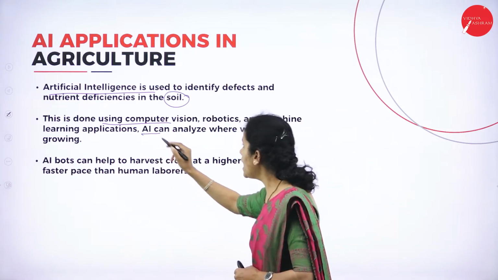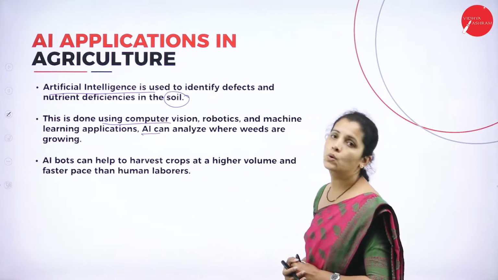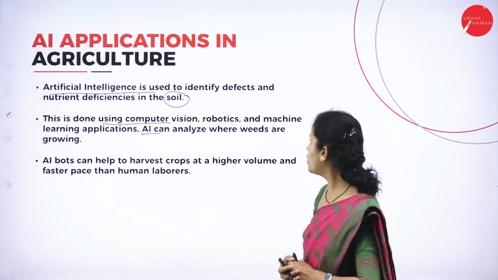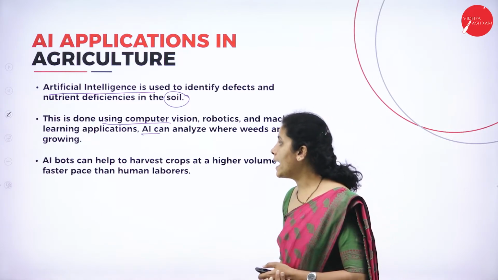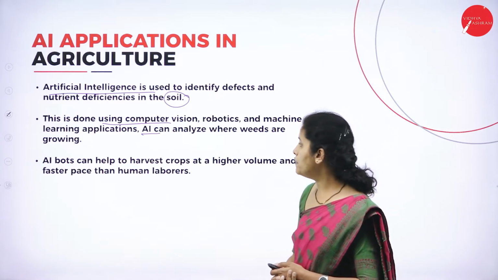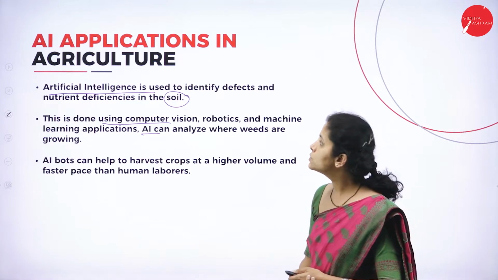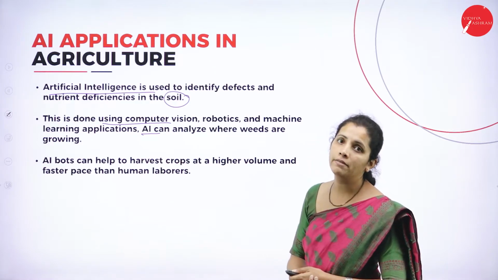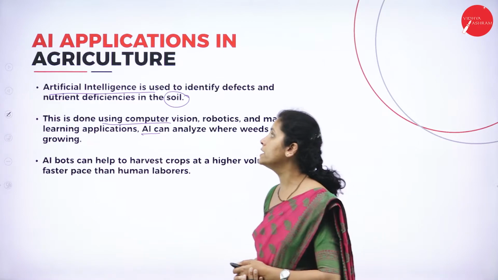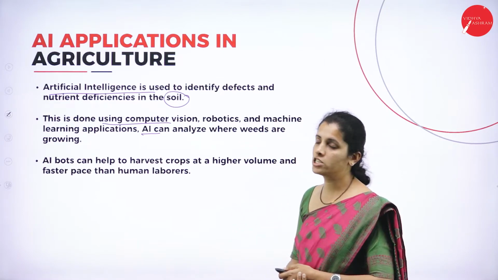Here, AI can analyze whether weeds are growing or not. By using AI chatbots, users can get help harvesting crops. So these are some of the advantages as well as applications of AI in the field of agriculture.